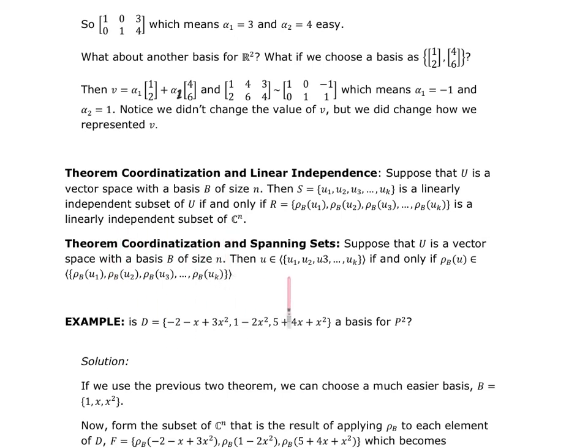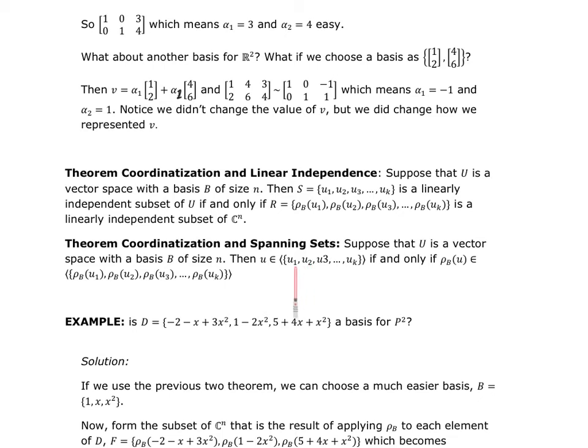And then the next one I get is, suppose that U is a vector space with basis B of size n, then u is an element of the span of u1 to uk if and only if my function rho_B of u belongs to the span of my function of each one of those individual u1, u2. So I'm taking my basis here.